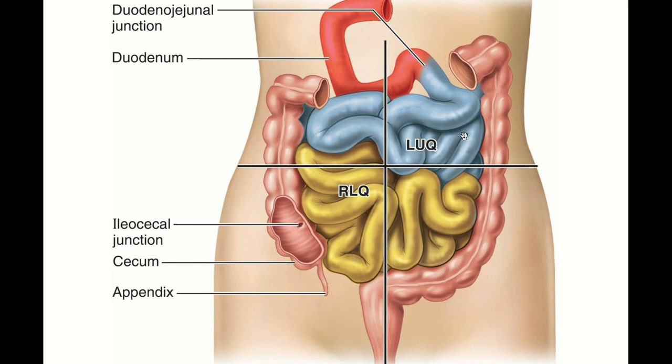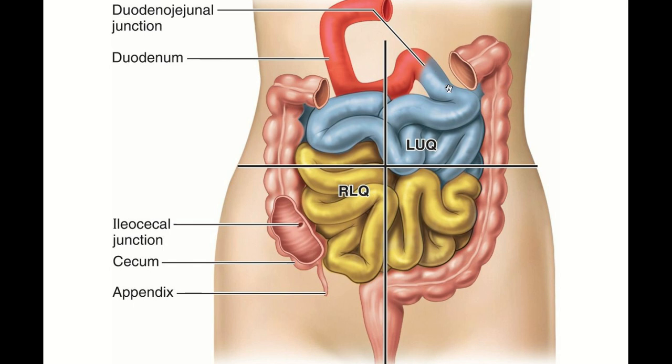More of them are found in the left upper quadrant, right? And then the ileum is mainly found in the right lower quadrant. Good. The jejunum and the ileum extend from the duodenojejunal junction to the ileocolic junction.